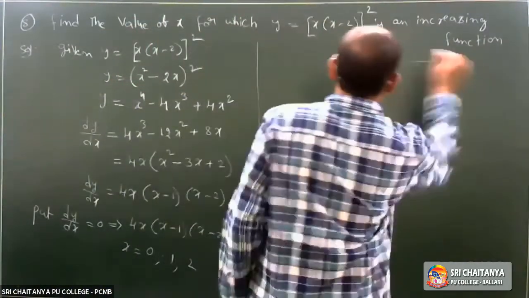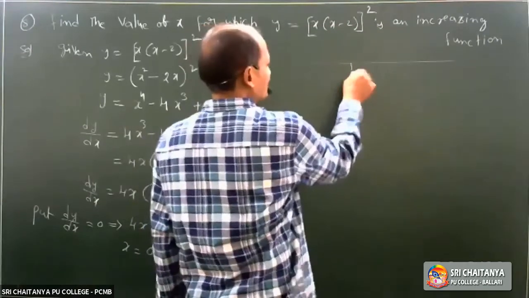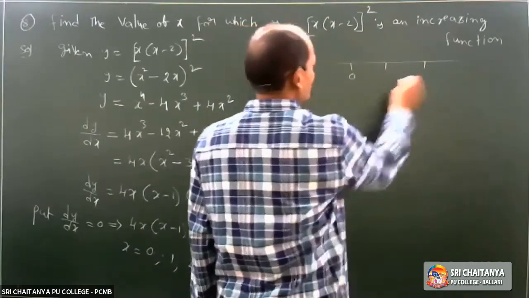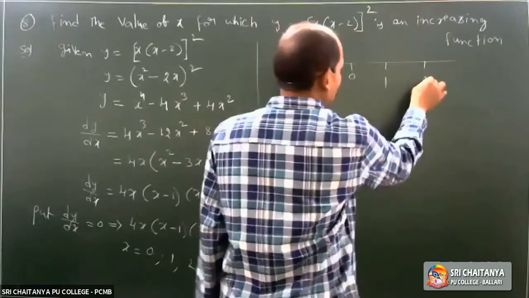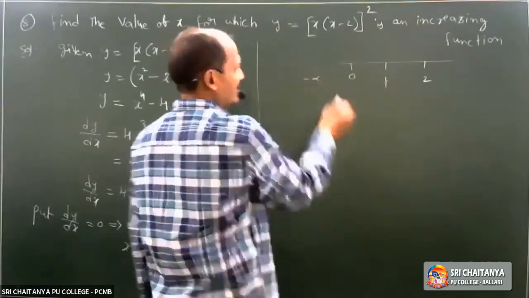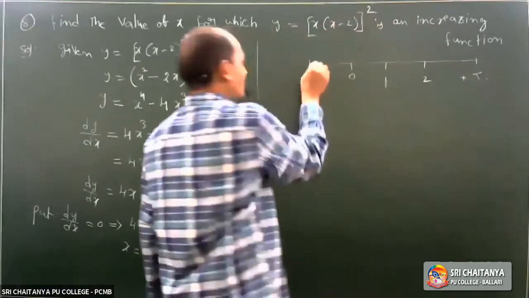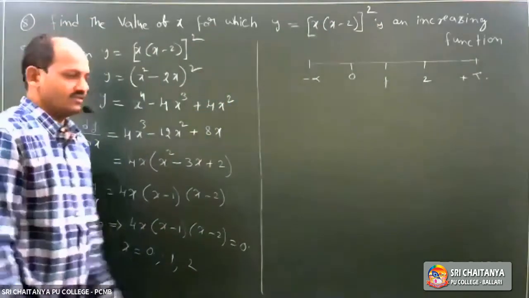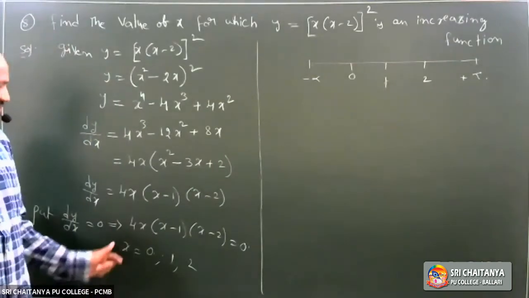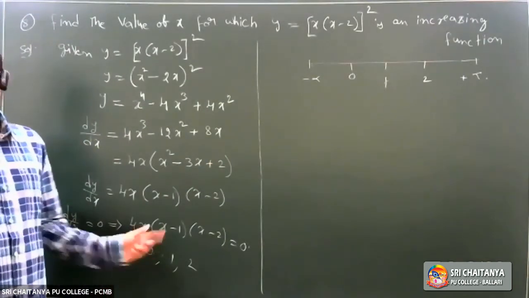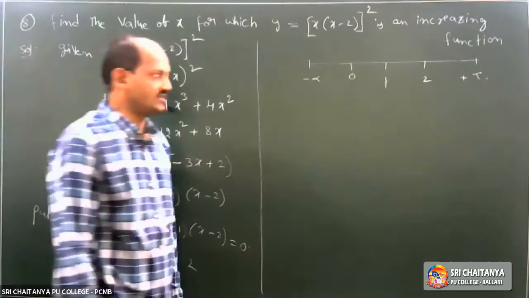Draw the line. The values are 0, 1, 2, and the least value is minus infinity and the maximum value is plus infinity. Now verify in which intervals the function is negative and in which intervals it is positive.